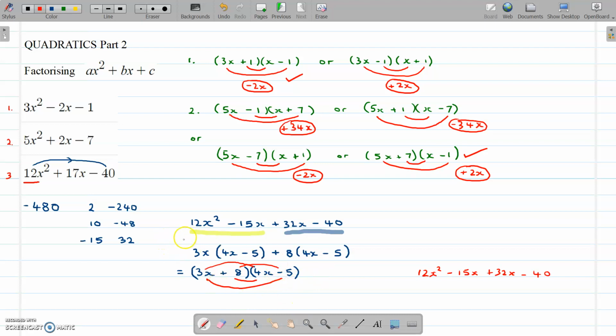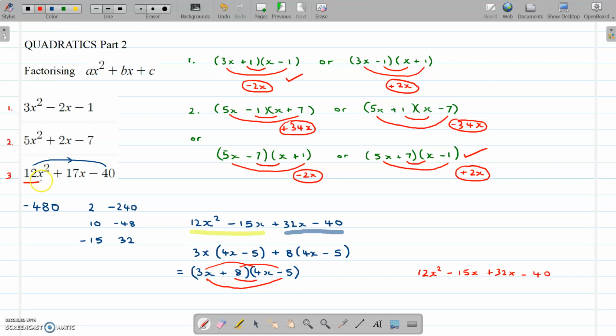But it was very difficult to have got those because we wouldn't have known where to start. We wouldn't have known it was 3 and 4. It could have just as easily been 6x and 2x, or another possible starting point. So that method of splitting the middle term is useful if you've got larger numbers in front of x squared and at the end numbers that are not prime, and particularly numbers that are even as well.